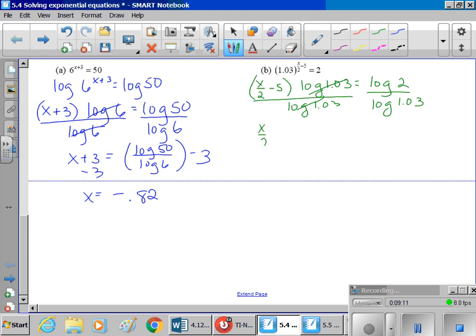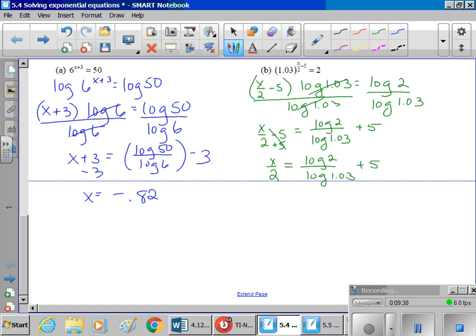And I get x over 2 minus 5 is equal to log 2 over log 1.03. Again, if you want to put that in your calculator, just don't round it too soon. And then we're simply going to add 5 to both sides. We're going to add 5 here, so these cancel. So we get x over 2 is equal to log 2 over log 1.03 plus 5.